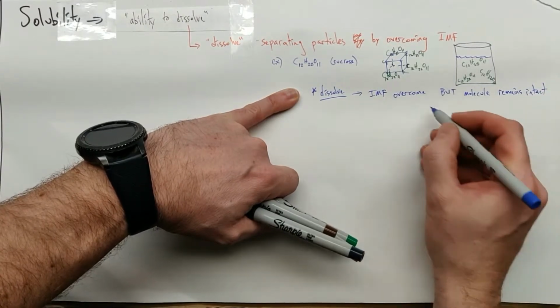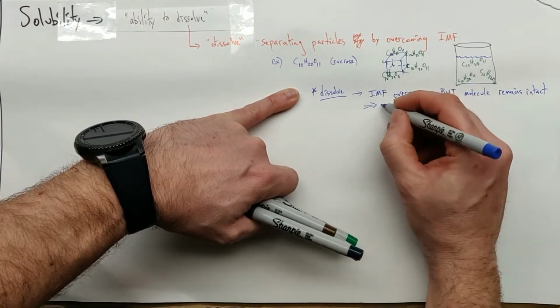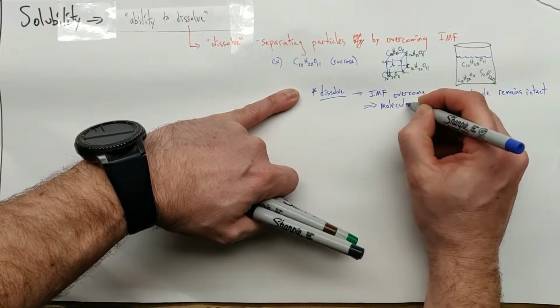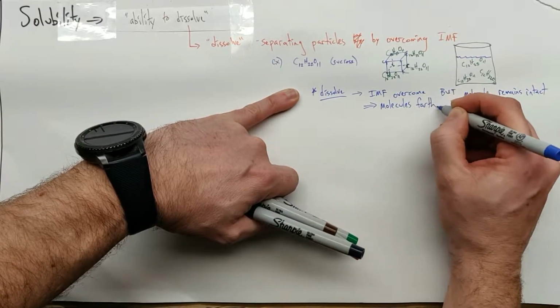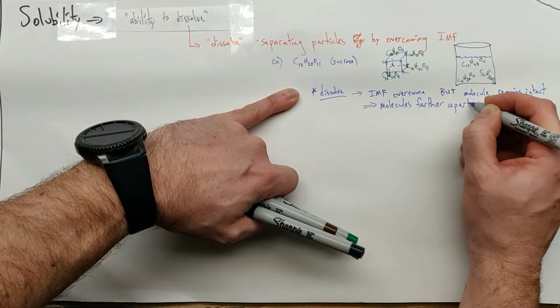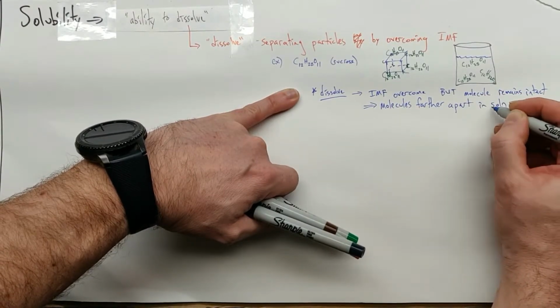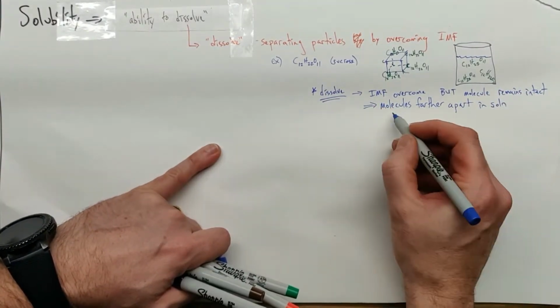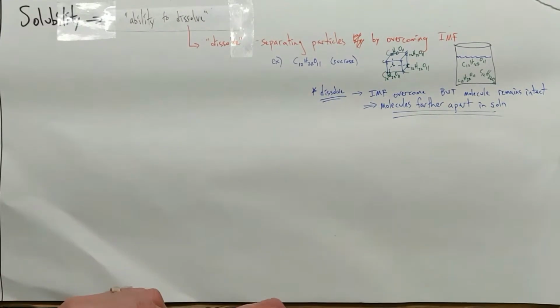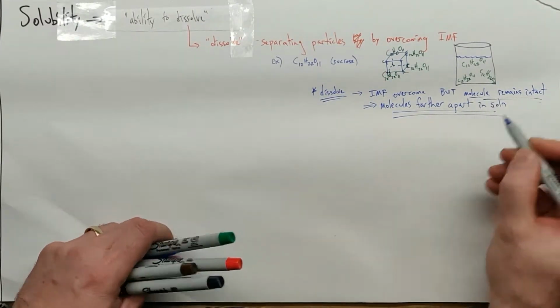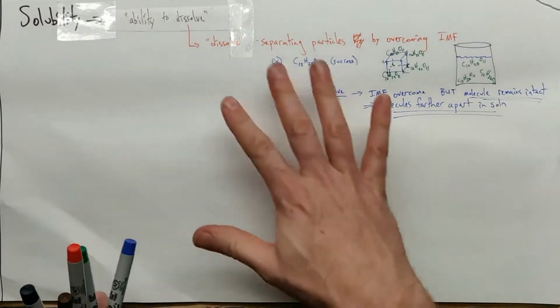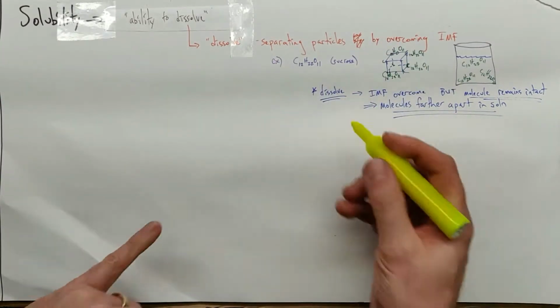So what really happened here, the molecules got farther apart. So when we dissolve here, we're talking about the molecules getting farther apart in solution. The molecules are not separated. So that's our basic idea of dissolving, right?